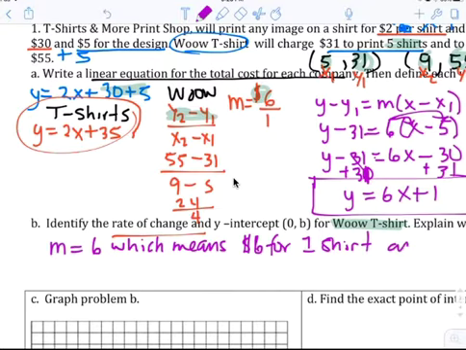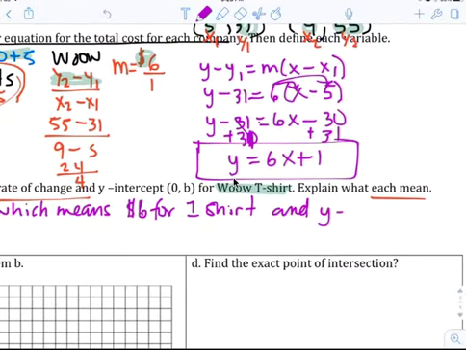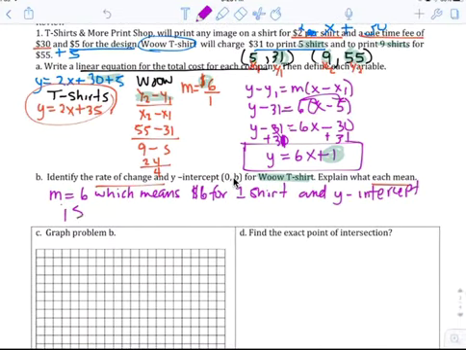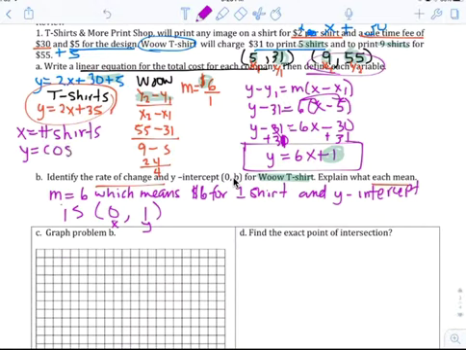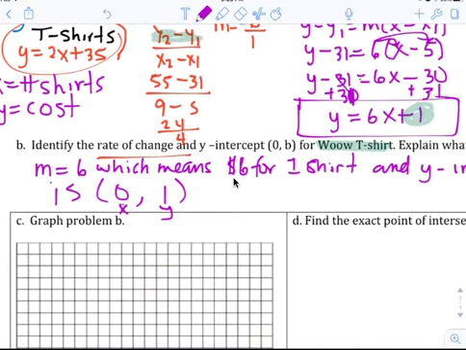And the y-intercept is this one right here. Y-intercept is 0, 1: 0 shirts, that's X and Y. We need to identify X. X is the number of shirts. This says define each variable. Oh, yes, of course. X is the number of shirts, and Y is the cost. So this means that for 0 t-shirts they charge $1.